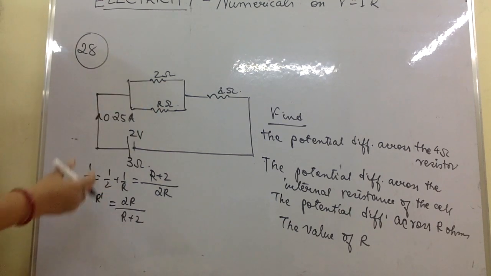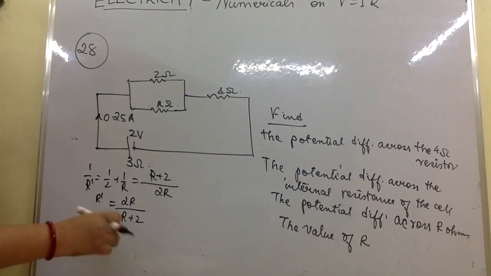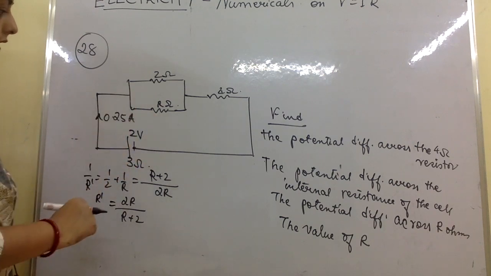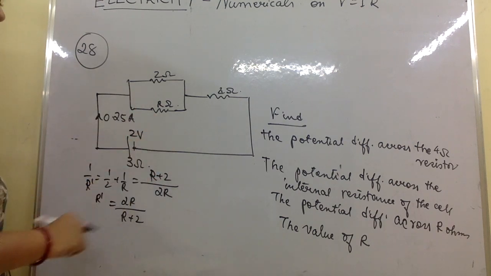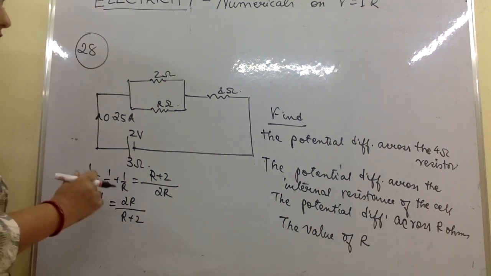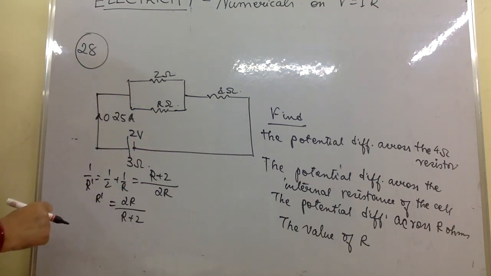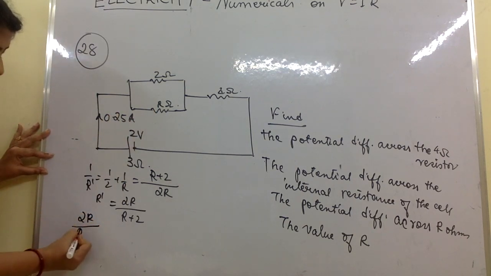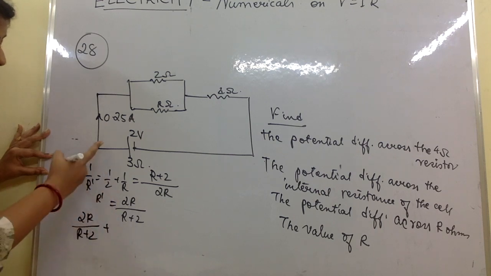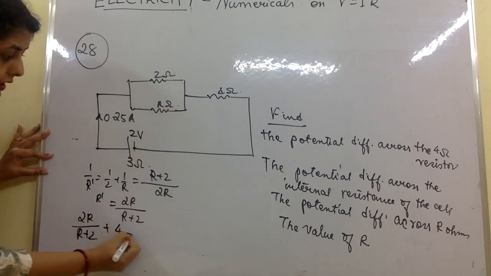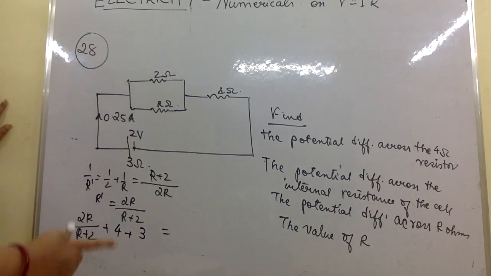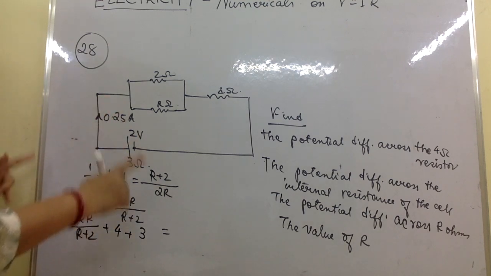So let us form an equation with the help of which we will get the value of R. The first part of the equation, we should take 2R by R plus 2, and then plus 4 and then plus 3, that is this one. And that is the equivalent resistance of the circuit.